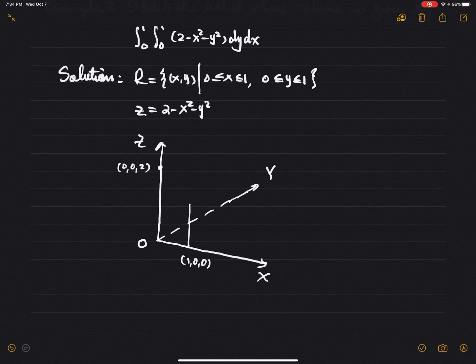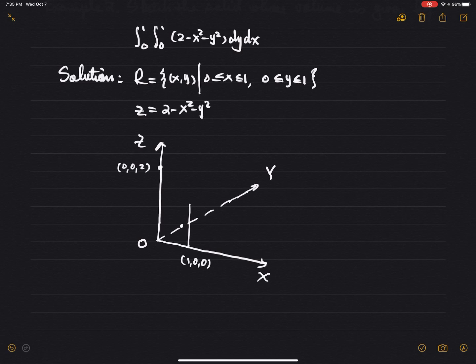And then let's see. This point is x equal to 0, y equal to 1.